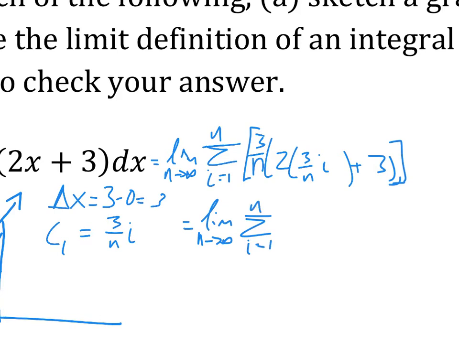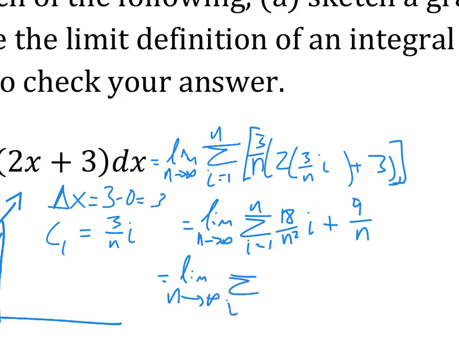Simplifying this, we're going to get a 9 over n over there, and we got 18 over n squared times i. And so this is the limit as n goes to infinity of the sum from i equals 1 to n.